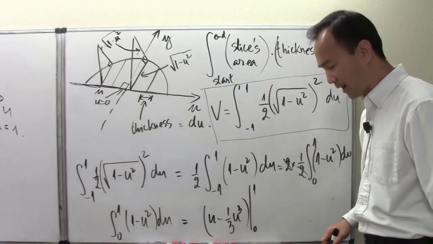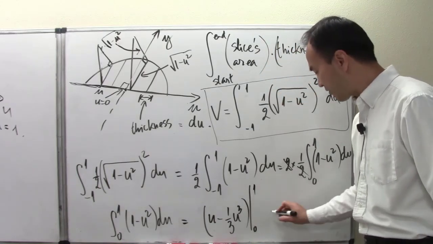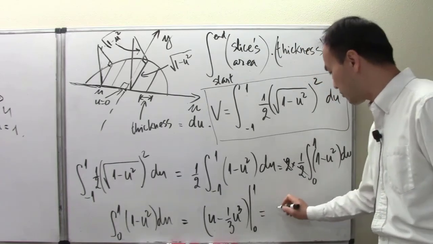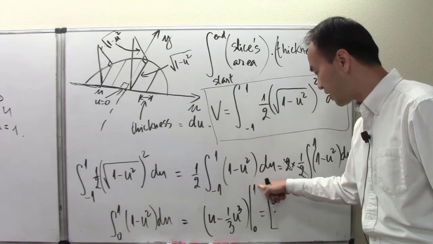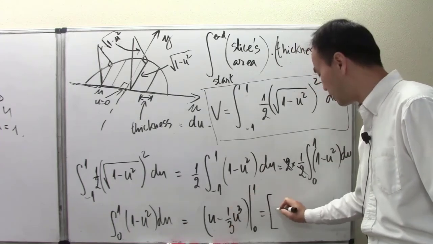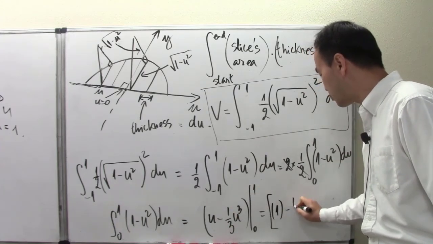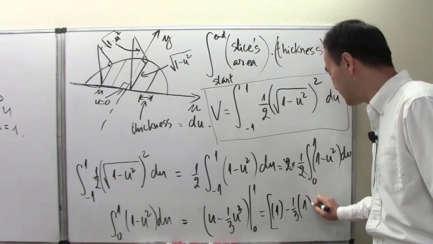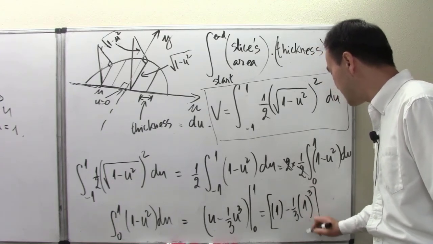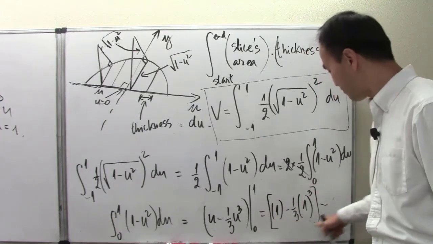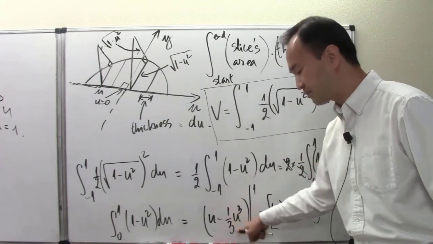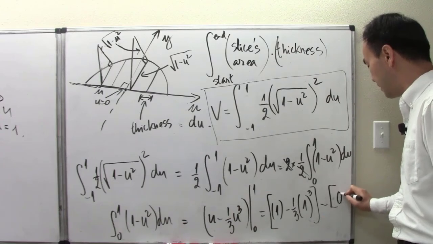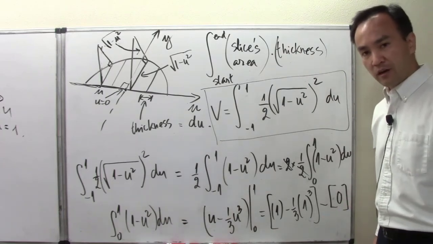It's even more of an advantage that we can simply substitute 1 into each variable here. So 1 minus 1/3 times 1 cubed. And surprisingly, I don't even need to swing to my other board, because substituting 0 there is simply a 0.